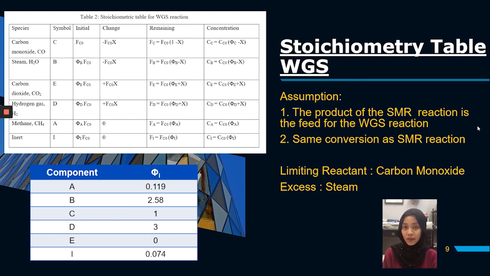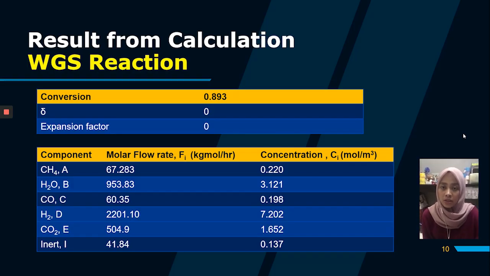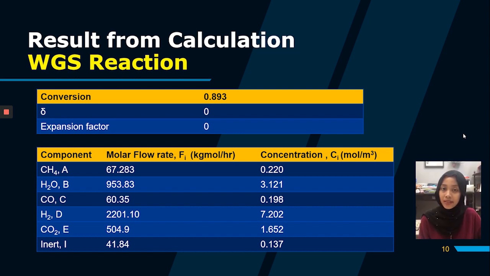So, the data value of each component is shown in the table below. For the water-gas shift reaction, we assume that the conversion is 0.893 and delta is equal to 0. Because delta is equal to 0, the expansion factor is also 0.